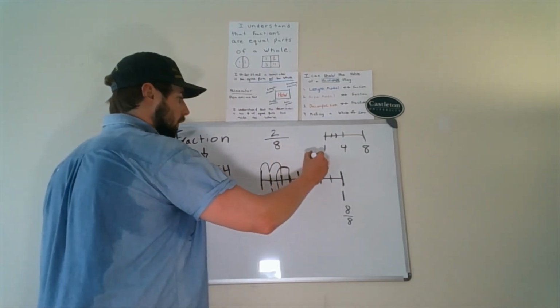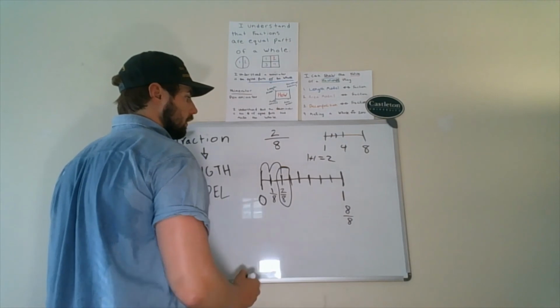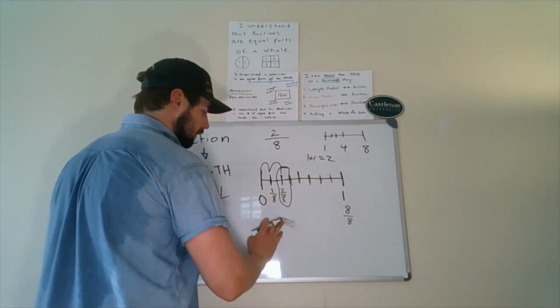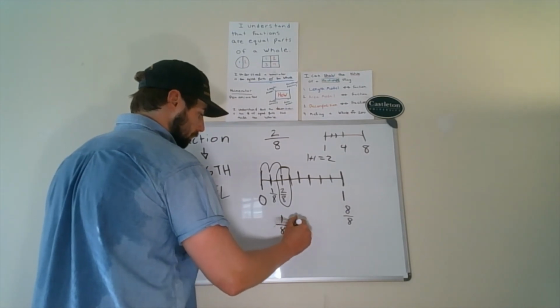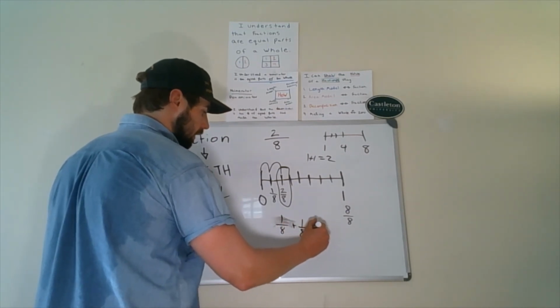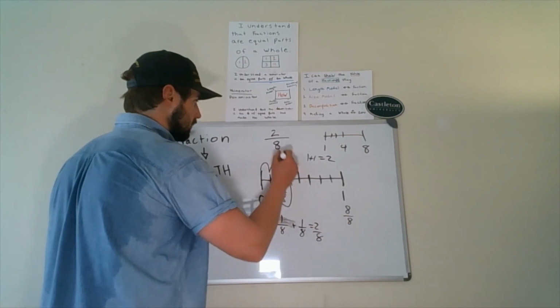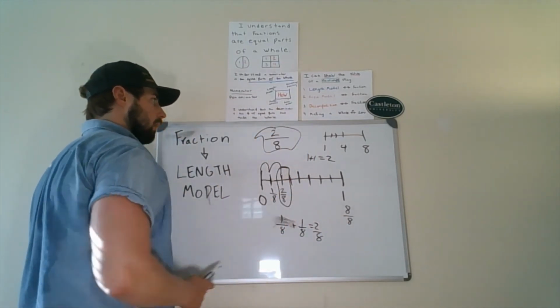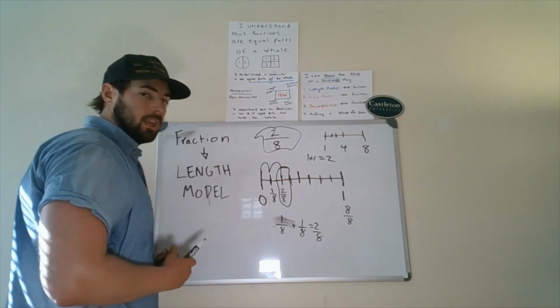I know 1 plus 1 equals 2. I also know that 1/8 plus 1/8 equals 2 eighths, which is what I'm looking for. 1/8, 2 eighths. Bingo. Fraction, making it a length model.